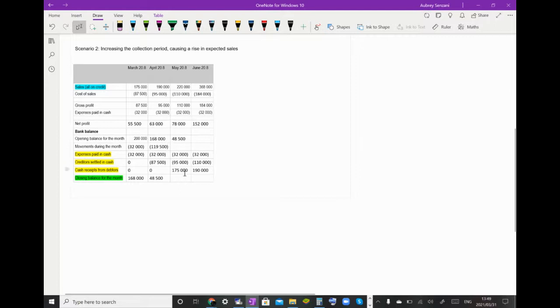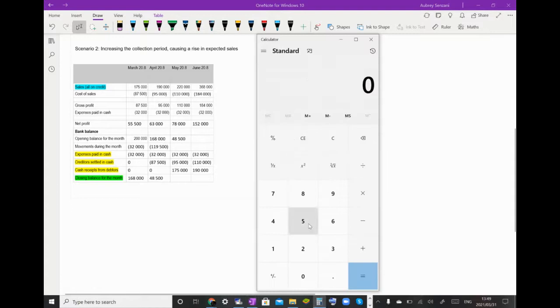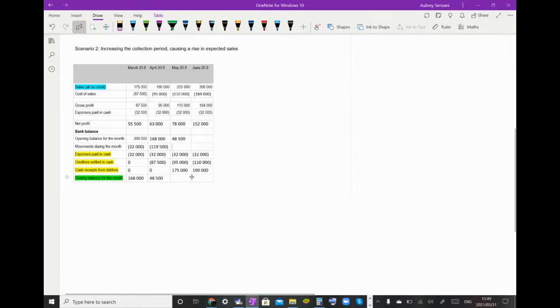500. Okay, what is the total movement? Okay, let's see. So here we have 175 minus 32,000, okay, minus 95. Okay, we get 48. So the total movement here is a positive 48,000.